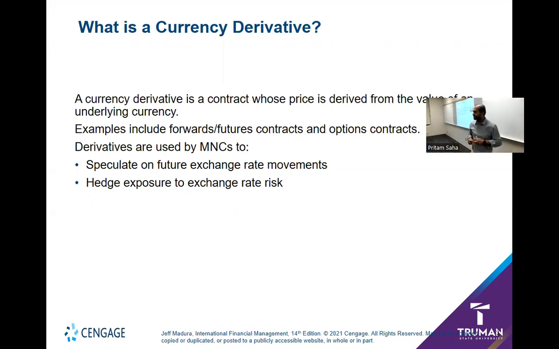So these are their expectations. When any MNC or financial institution has expectations and wants to speculate and make some money, they go to the derivative market. They make long-short strategies based on the expectations and generate some profit. This is one of the main reasons why MNCs go to the derivative market.